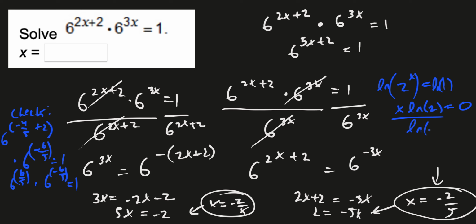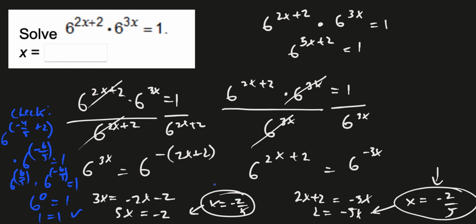Divide by anything here, it's still going to be 0. X is equal to 0. That's a quick way of thinking about it. You could have also worked it out and got the same result: 6 to 0 is 1, and 1 is 1. That's true always. So our answer ends up being negative 2/5, and we are done.